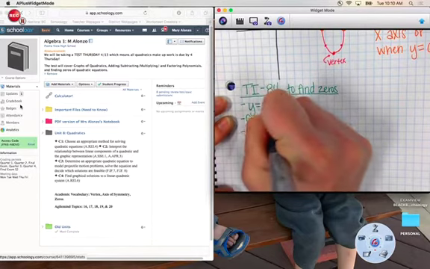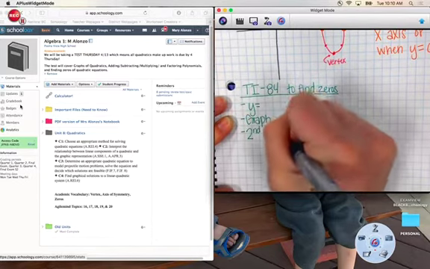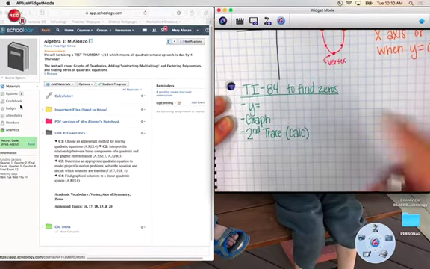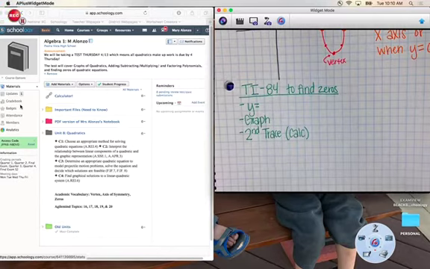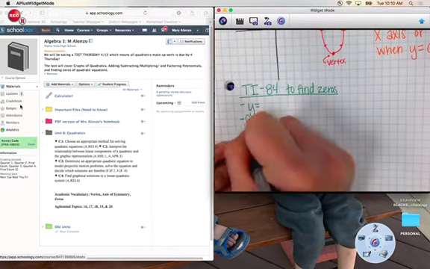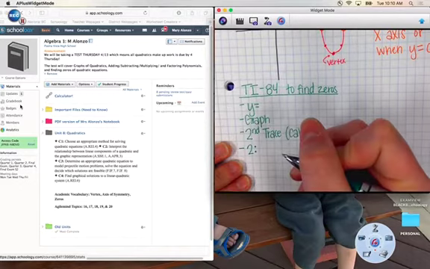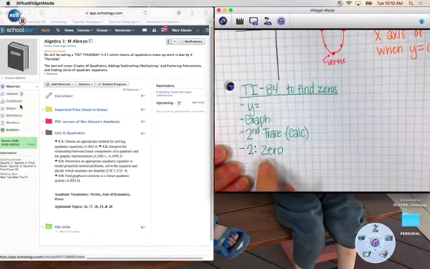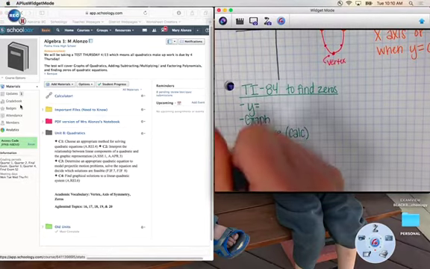Second trace. Calc. So on the button it's going to say CALC. Going to hit the one that says 2, zero. It actually says the word zero.